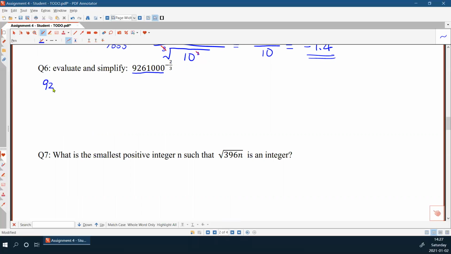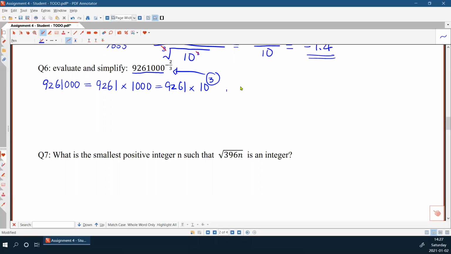Okay, it should be noted that 9261000 is apparently 9261 by 1000, right? And 1000 can be rewritten as 10 to 3 times. And you have 3 times here. Also, you have 1/3 here. This can be canceled with each other, right?